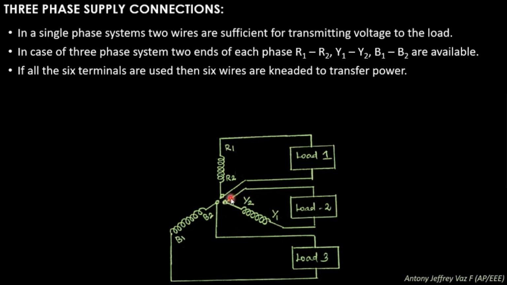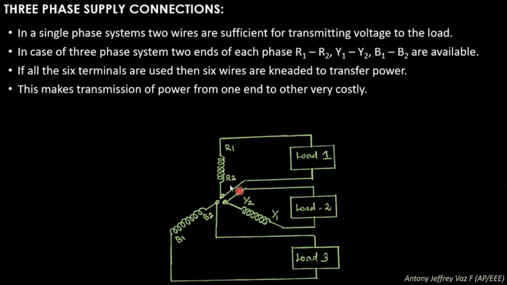So if you connect all these six points, that is R1, R2, Y1, Y2, B1 and B2, towards the load, then you need six wires to connect the load. So to minimize the wires, that is, to make the transmission of power from one end to the other end in a cheaper manner.